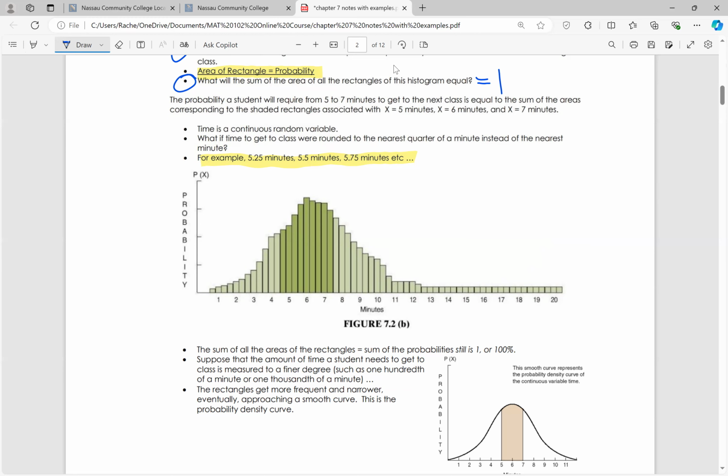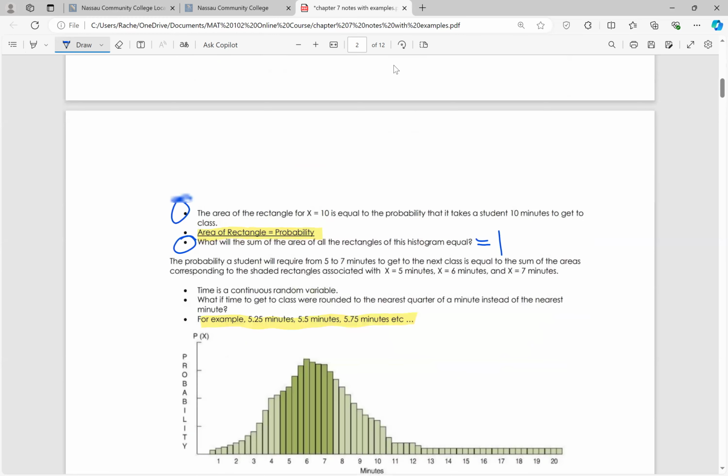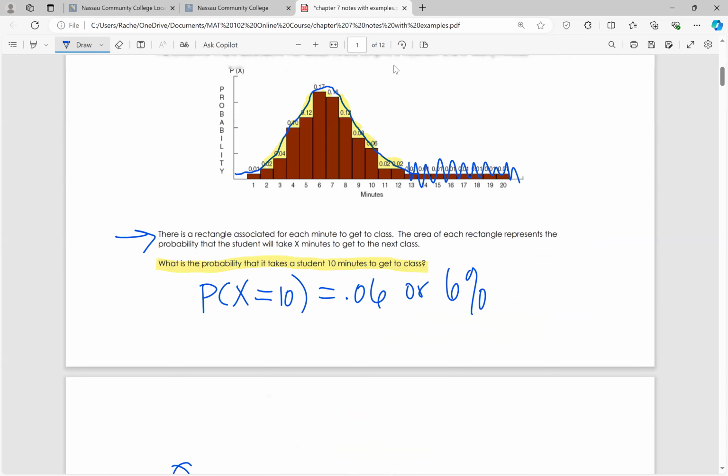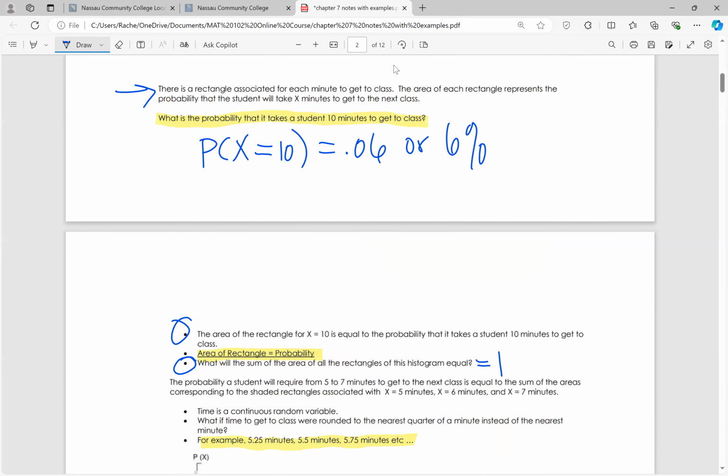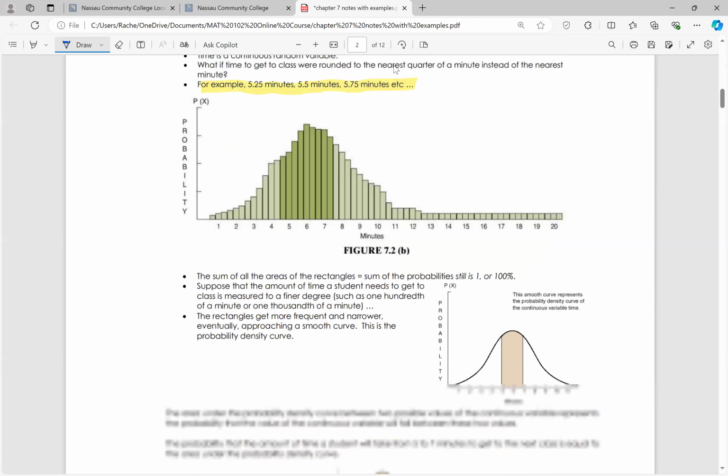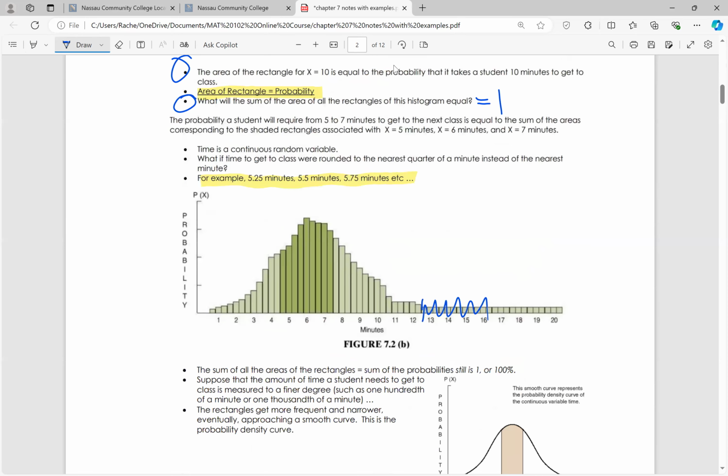Look at this. We have so many more rectangles in figure 7.2b than we did in the figure above. And again, if we ignore the late people and we look at this bell-shaped curve, look at how much closer I could get to this smooth bell-shaped curve when I trace it.